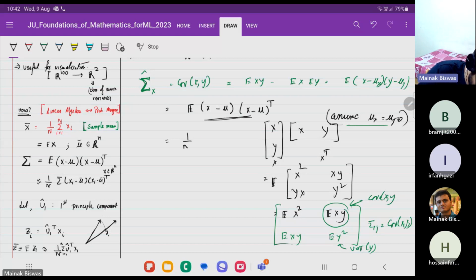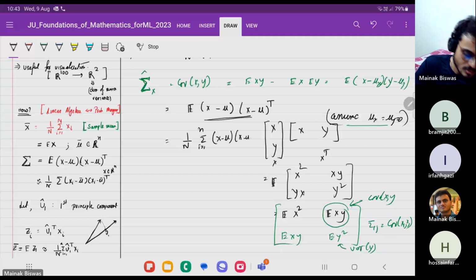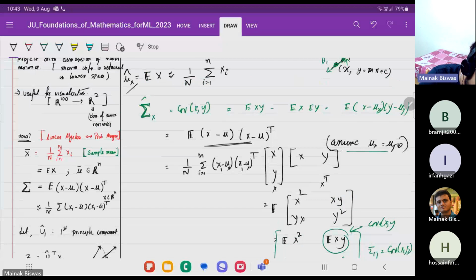It can be sampled: if you have data, you do not know the distribution, you only know the data, so you will be using the sample covariance matrix, yes or no? Is this clear? So this is how you define the mean and the covariance of data.